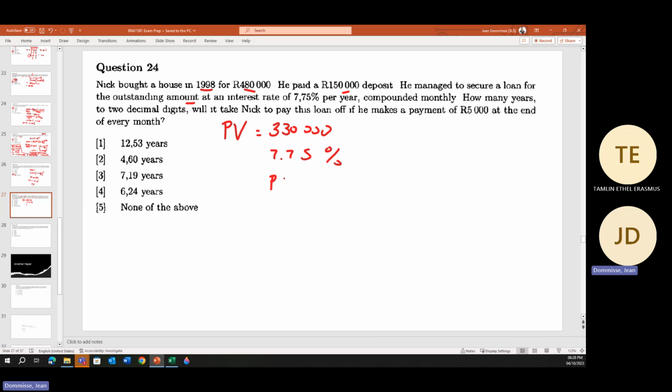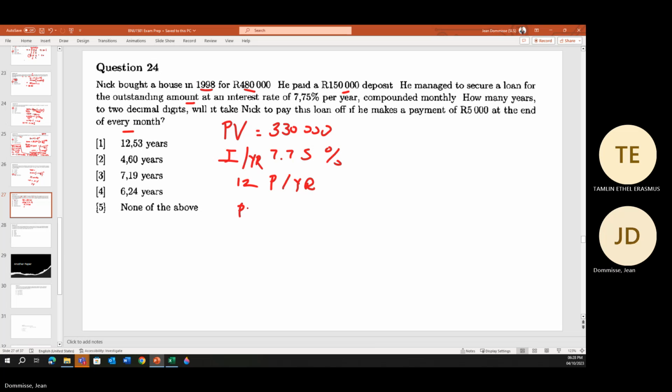So again, 12 times per year. That is your interest rate. How many years to 2 decimals will it take Nick to pay his loan off if he makes a 5,000 deposit at the end of every month?